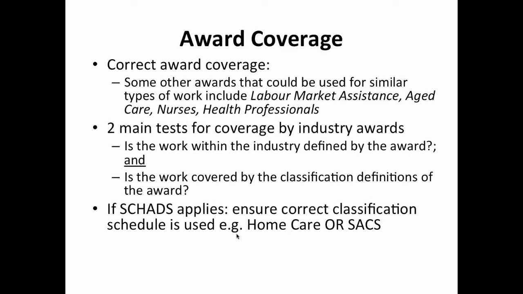Obviously, if we had an electrician, we couldn't cover an electrician under our award. We'd need to go and find the correct award. Also, if SCHADS applies, have we correctly classified employees under home care or SACS? That's looking at whether the position description you would classify under home care or SACS.